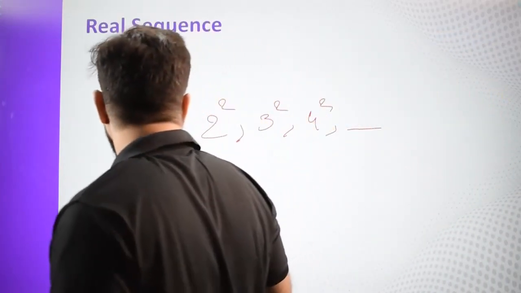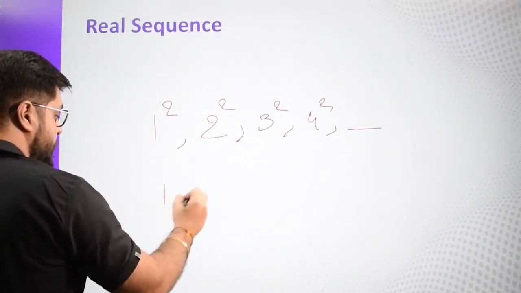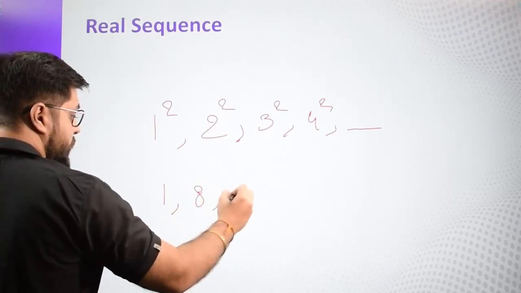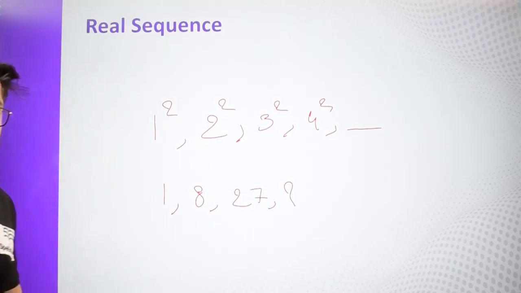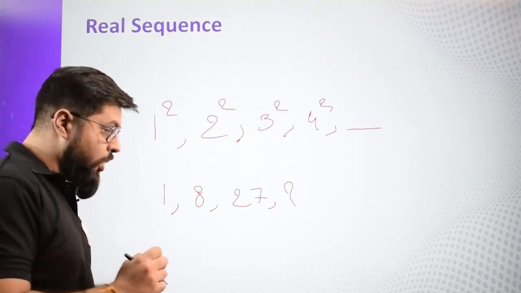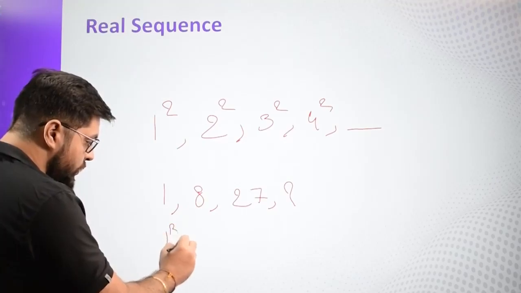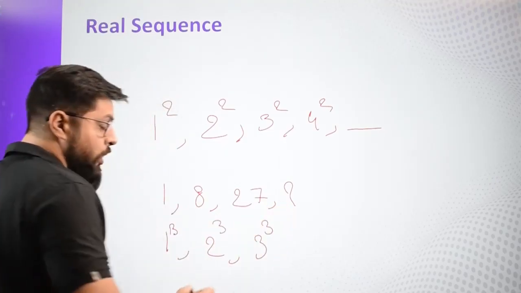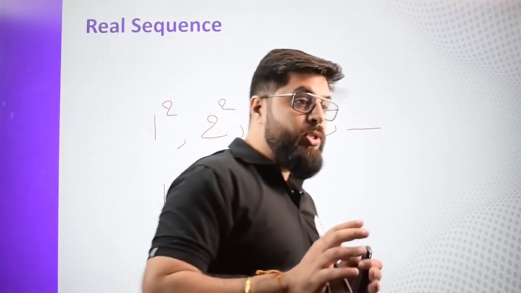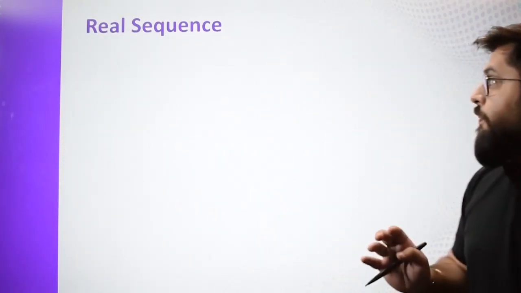Similarly, if we have a sequence like 1, 8, 27, is this a particular sequence? Yes, because the terms are 1 cube, 2 cube, 3 cube. So a sequence must follow a certain particular order.